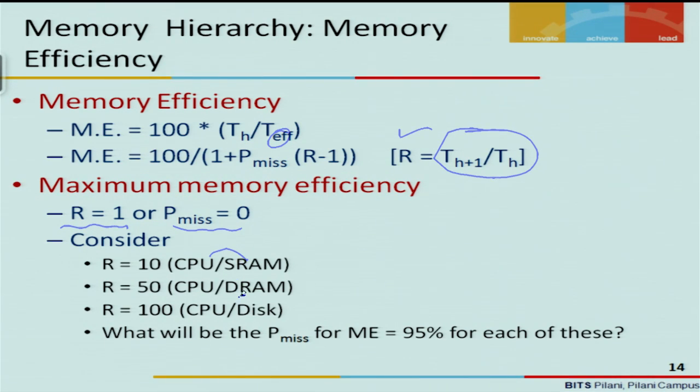Similarly, between main memory and the CPU, the speed mismatch is larger. Assuming CPU can access data available in the CPU register set in 1 unit of time, the ratio coming here is 50. So as we move in the memory hierarchy away from the CPU, you can see that R is increasing, meaning the latency is increasing.